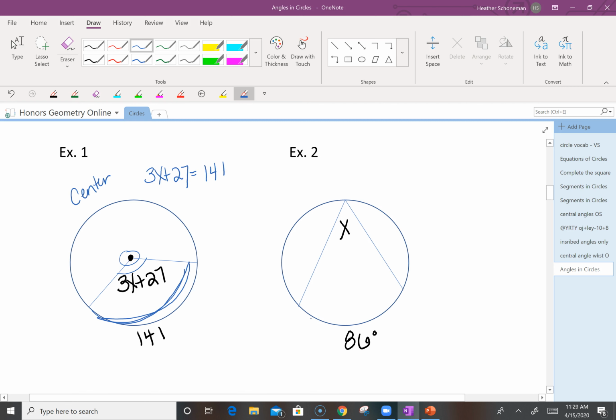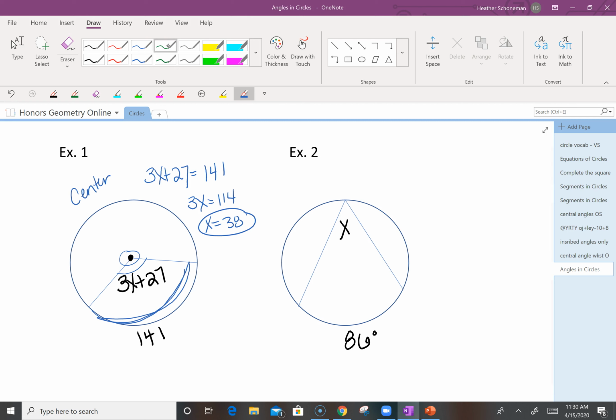To solve, we're going to subtract 27 from both sides, and we get 3x equals 114. Divide by 3, and x equals 38.